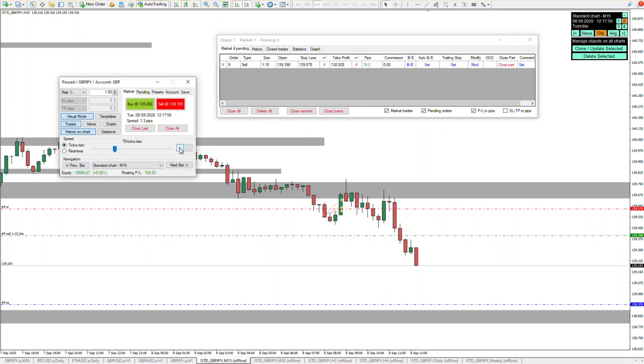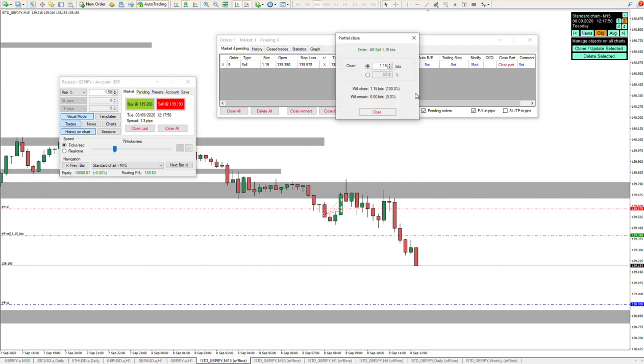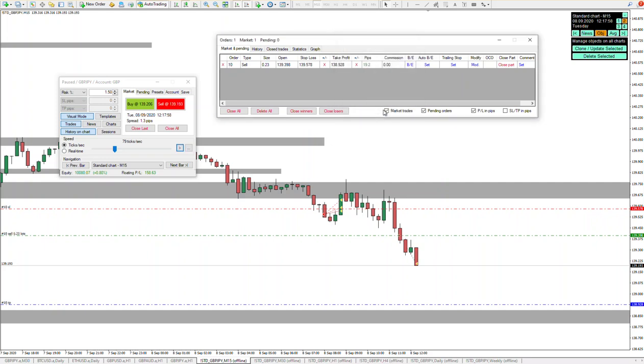Okay. It's 90 pips. Let me close like 80% of my position. Break the stop to break even. And let's see if we can get to our target.